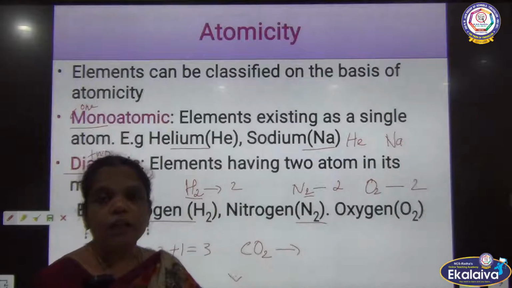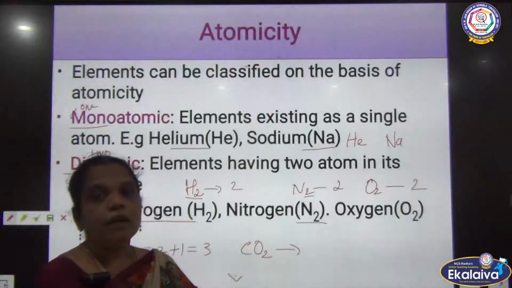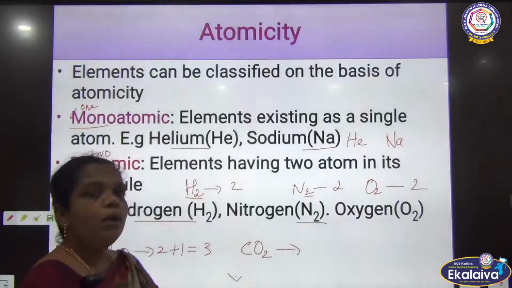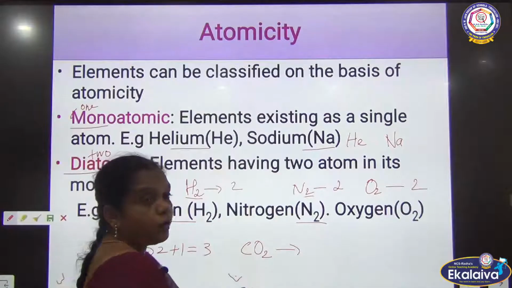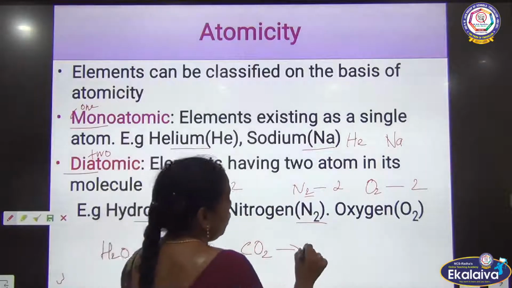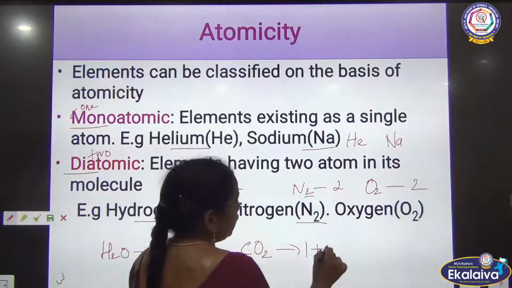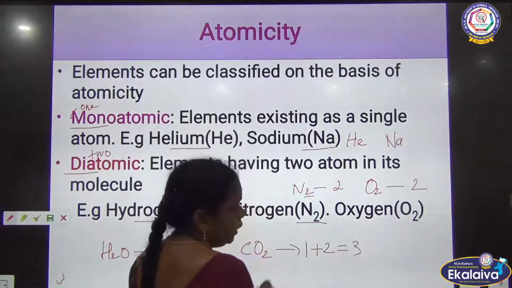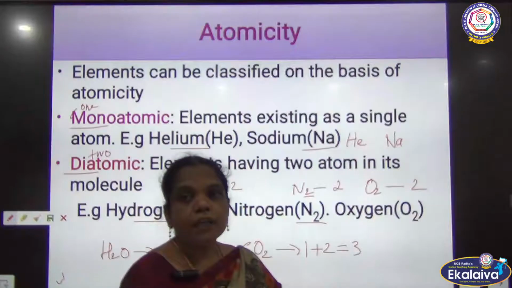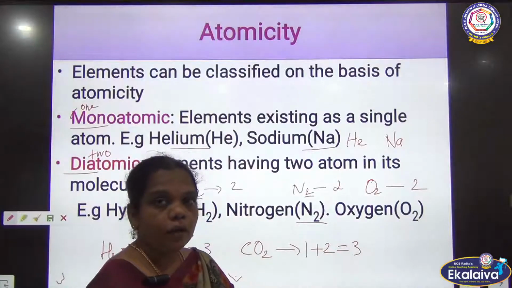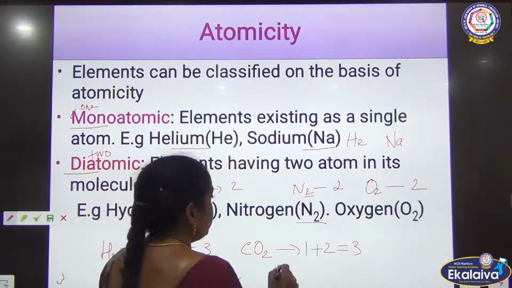Yes, C is nothing but carbon. What is O? Oxygen. There is no subscript for carbon, so it is assigned as 1. 1 plus 2 equals 3. So it is called triatomic. Polyatomic is more than 3 atoms.